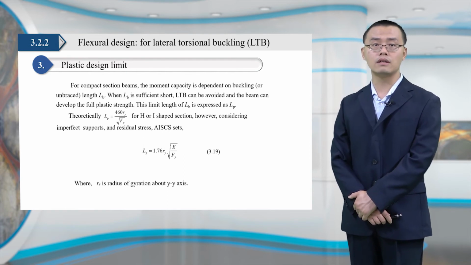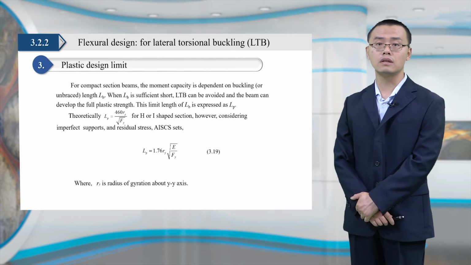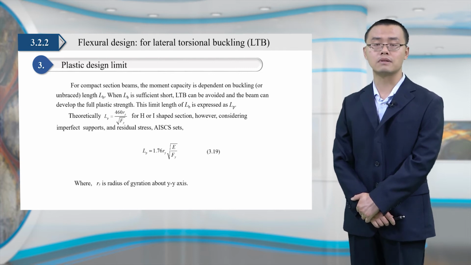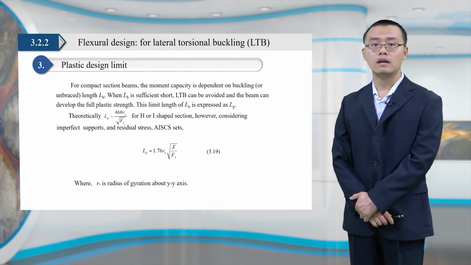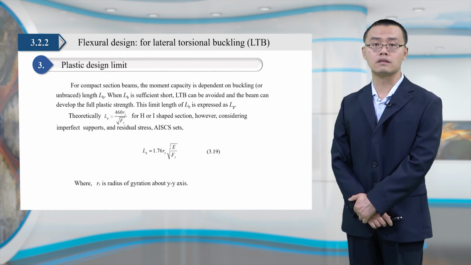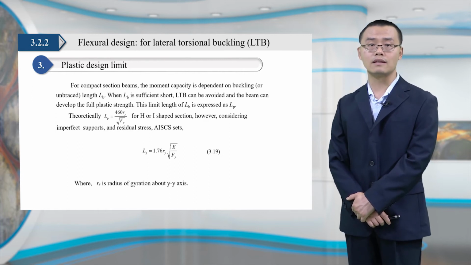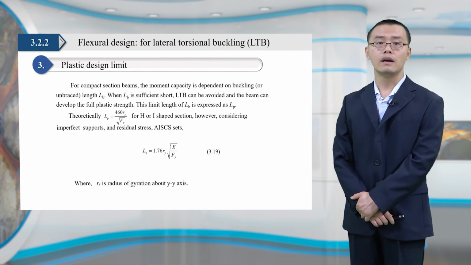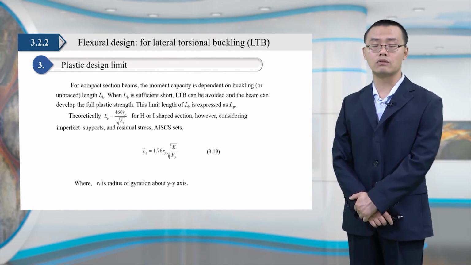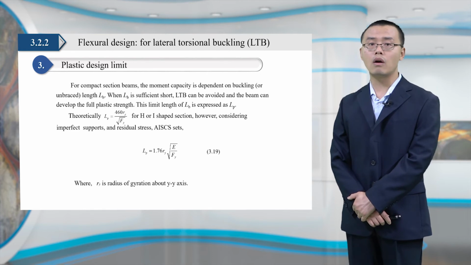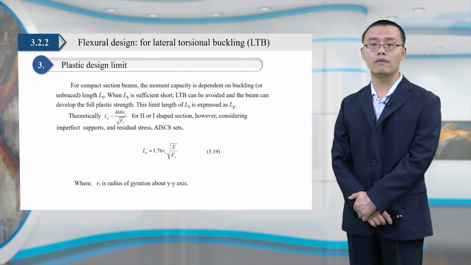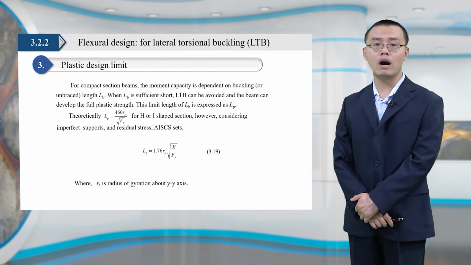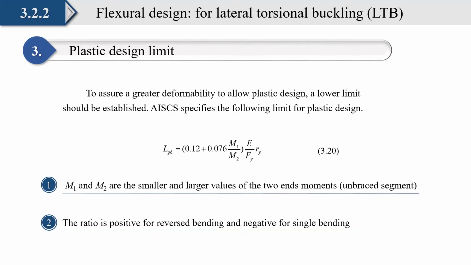Theoretically, such an equation for L_P corresponds to H or I-shaped sections. However, considering imperfect supports and residual stress, AISC sets L_P as formula 3.19, where r_y is the radius of gyration about the y-axis.